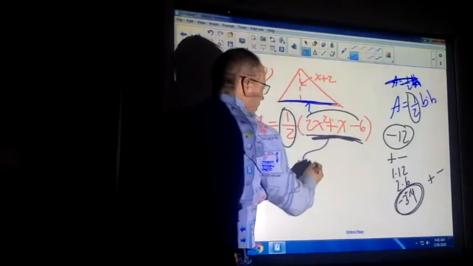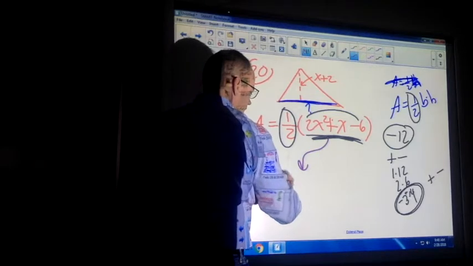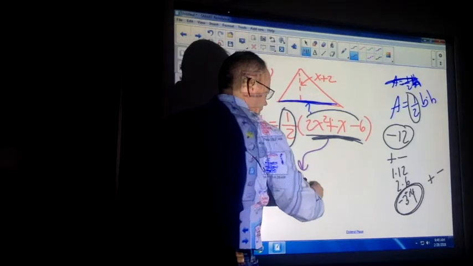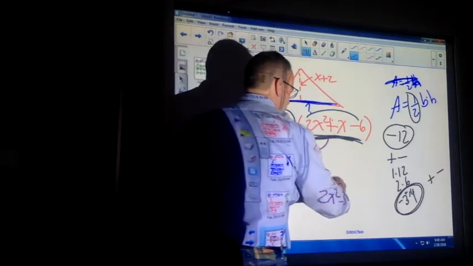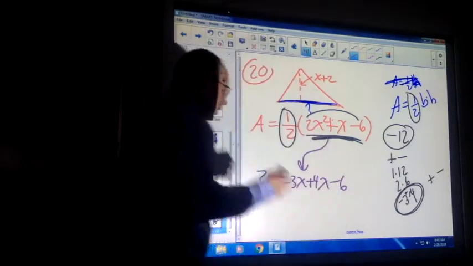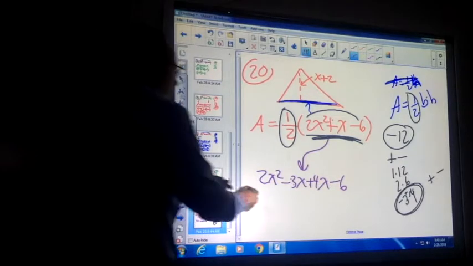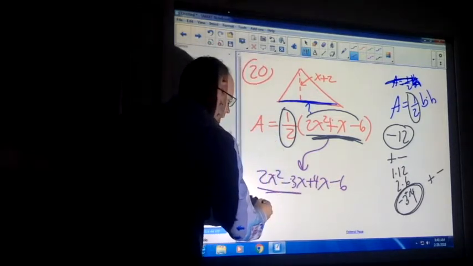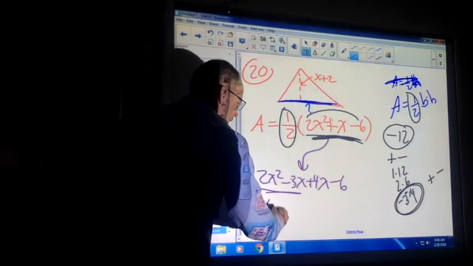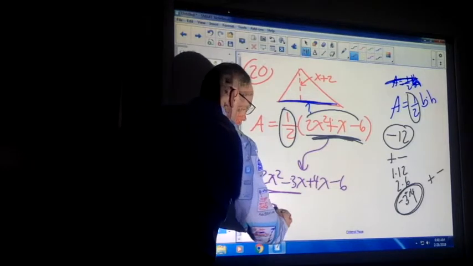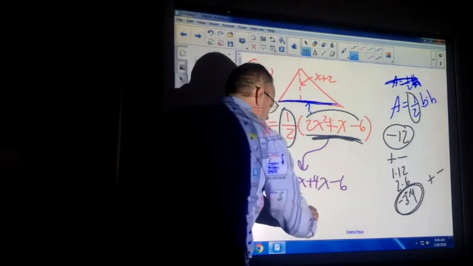I see an error here. So I got 2x squared minus 3x plus 4x minus 6. There's no GCF. There wouldn't have been a GCF. All right, so if I factor out of here, that's going to give me x and then 2x minus 3.